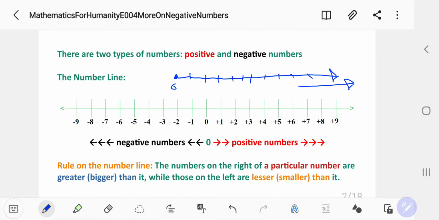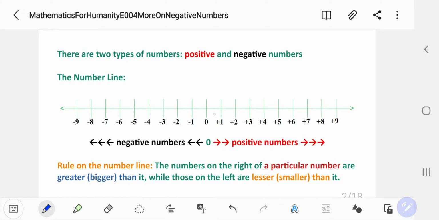When we knew it, we didn't know about negative numbers, but now that we know negative numbers, our number line has extensions going to the right and extensions going to the left. In this case, our number line now consists of positive and negative numbers.